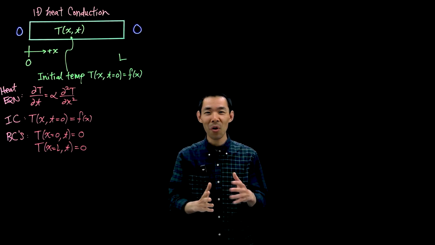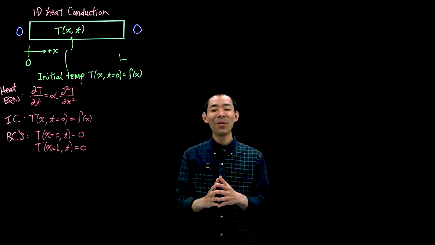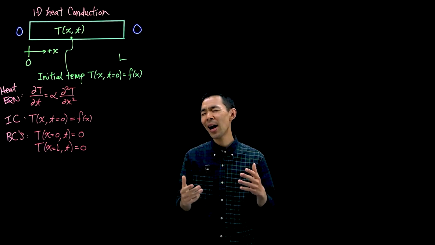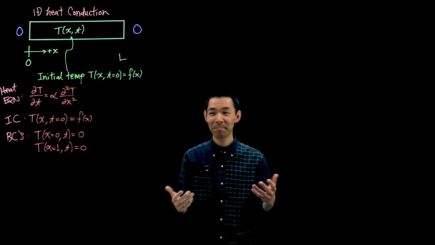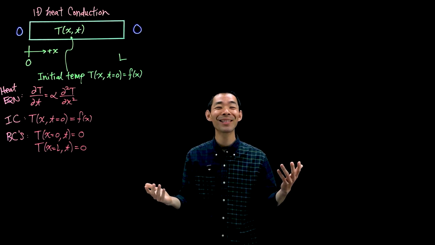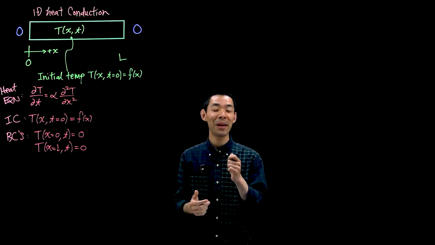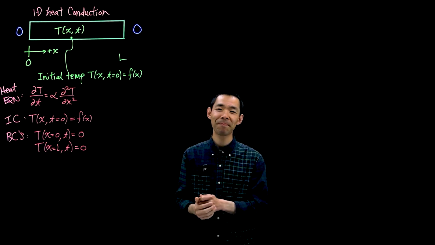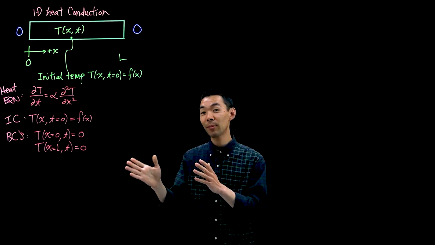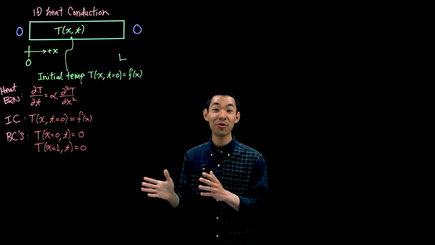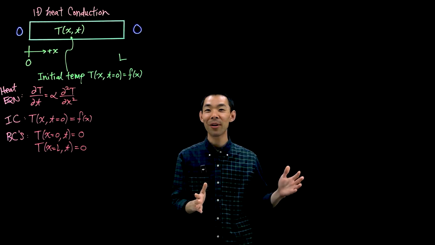Now, as you've seen already in this class, we solve differential equations by guessing. That's just how it works. We solve differential equations by giving a good guess. And now for this particular problem, we're going to make one major guess that will help us make a lot of progress.